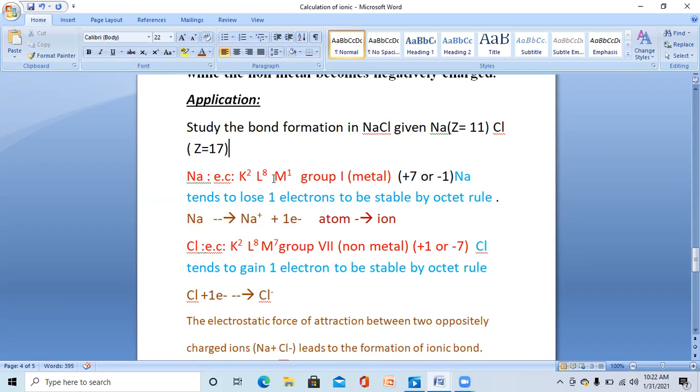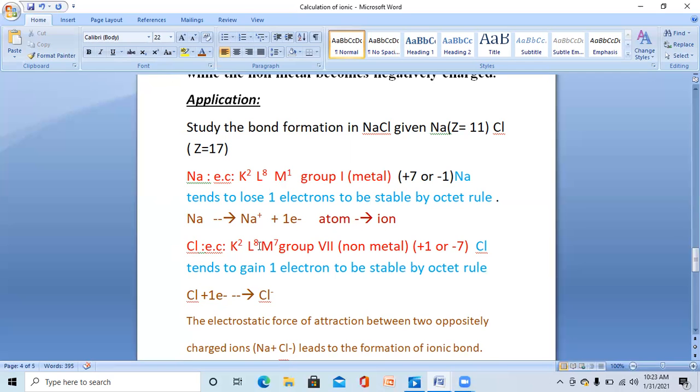Since Na has one electron on the last energy level, then it belongs to group 1. Since it belongs to group 1, sodium atom is metal. The same for Cl. We write the electron configuration.